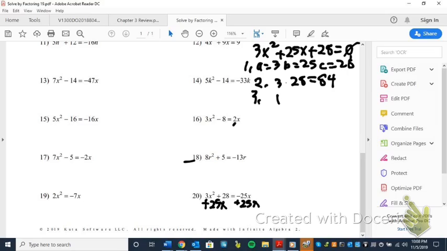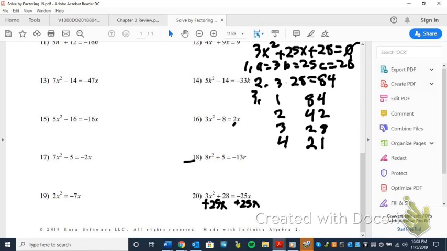Factors of 84. Now notice here that because they're multiplied together to equal 84, and then they add up to 25, both of those positive, I don't need to worry about negatives. They're both going to be positive numbers. So 1 and 84, 2 and 42, 3 and 28, 4 and 21.